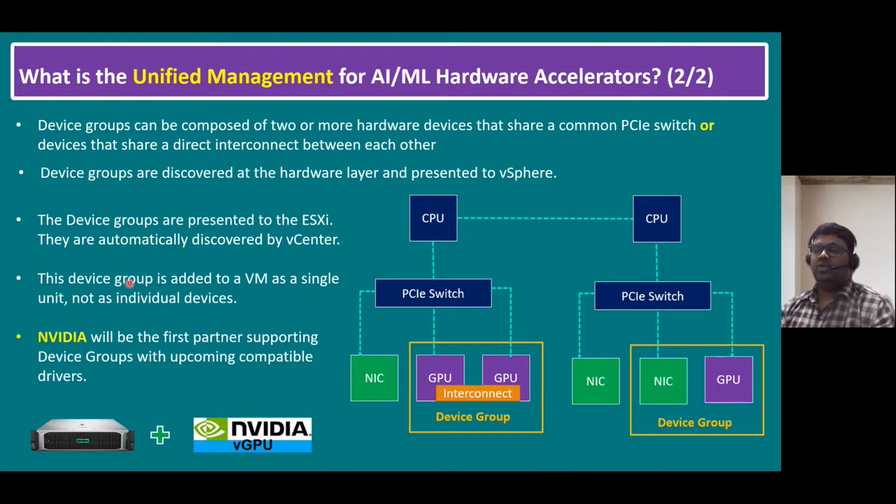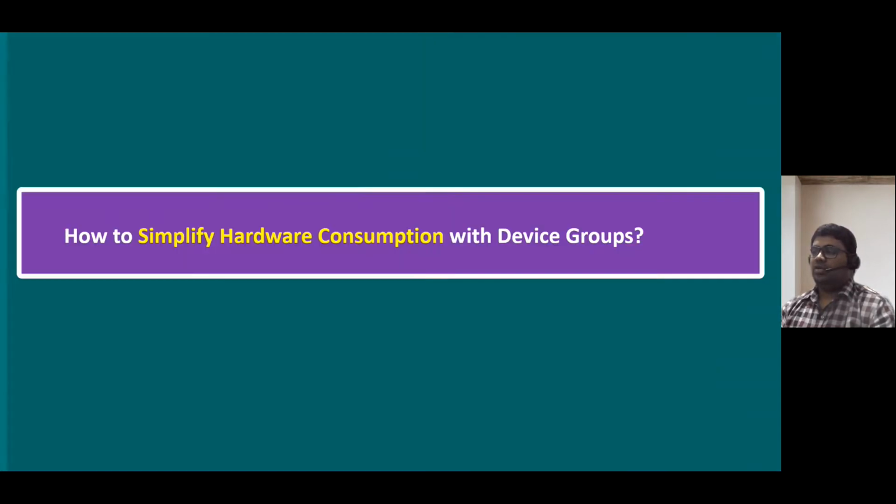This device group is added to your virtual machine as a single unit and not as individual devices. Okay. NVIDIA will be the first partner supporting device group with upcoming compatible drivers. I will show you those drivers, and how we can add it to the virtual machine, in the following slide.